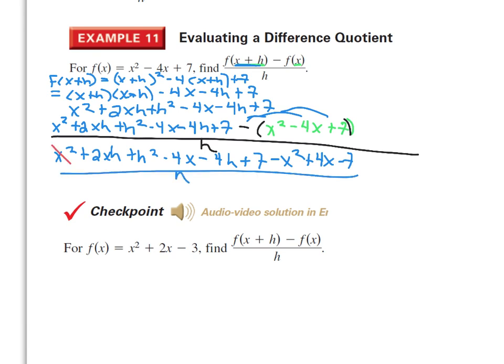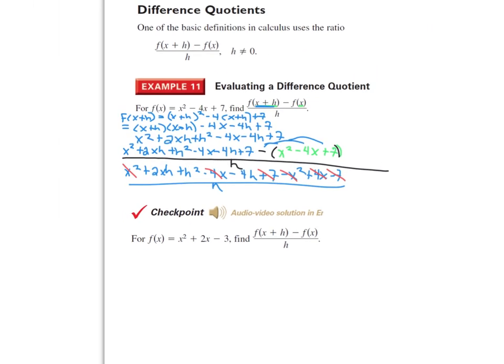We can get rid of the x squared and the negative x squared, the negative 4x and the positive 4x, and the positive 7 and the negative 7. I'm left with 2xh plus h squared minus 4h all over h.